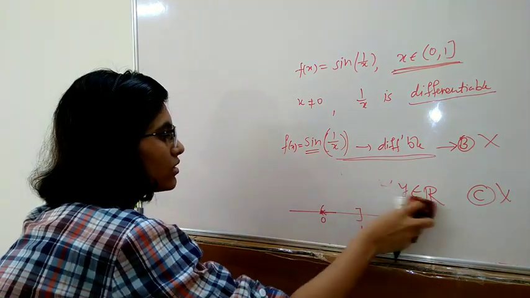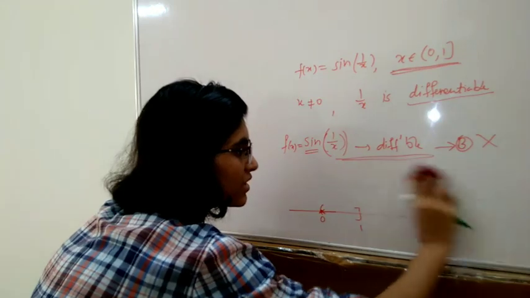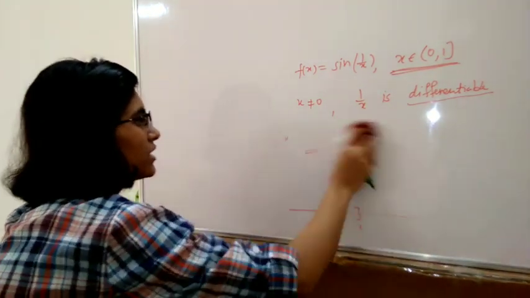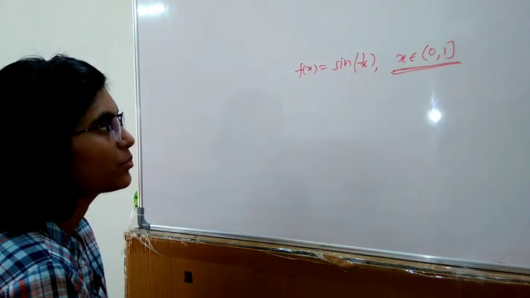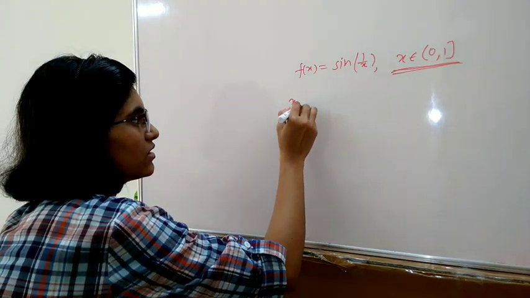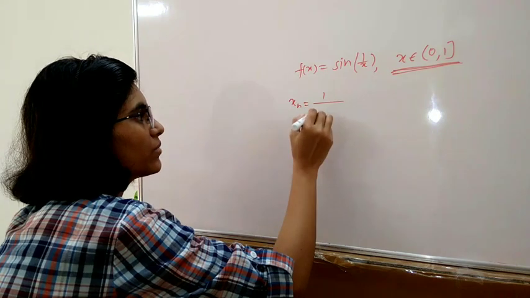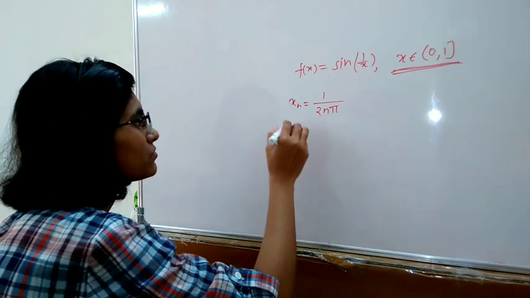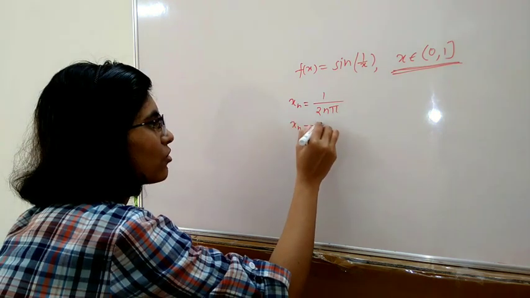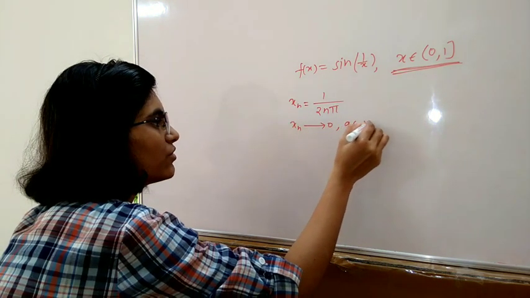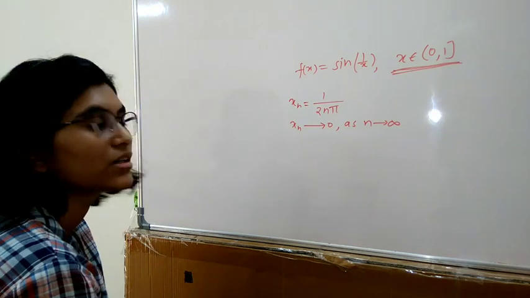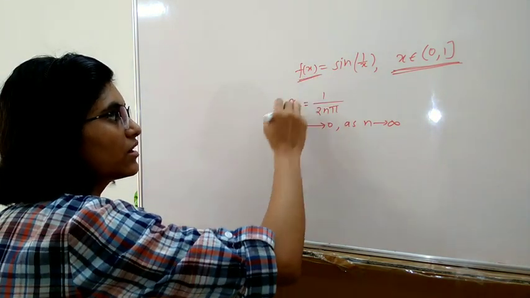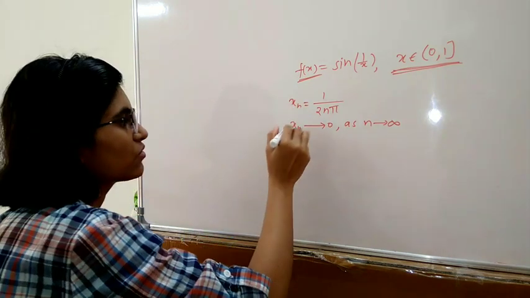The limit exists means that the limit must be unique along every path, right? So suppose we take the path x_n equal to 1 by 2n pi. Then x_n converges to 0 as n tends to infinity, right? Now look at this function along this path x_n.